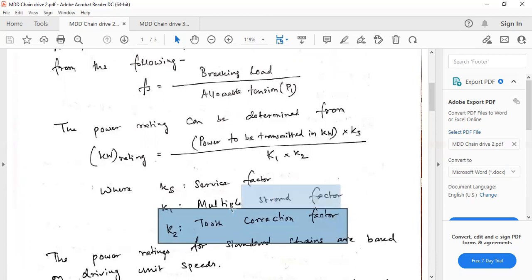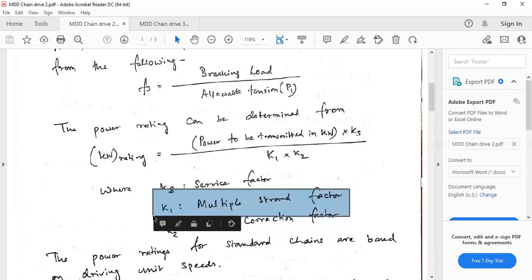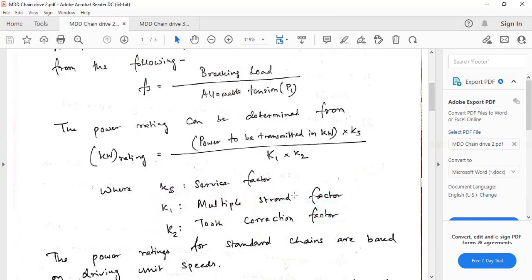Now, what is multiple strand? In the video that I posted yesterday, I told you about this multiple strand. If you have only one chain, it is a single strand, or simplex.